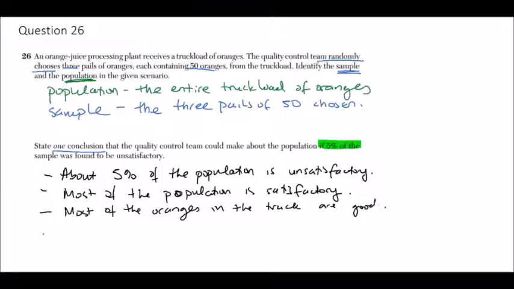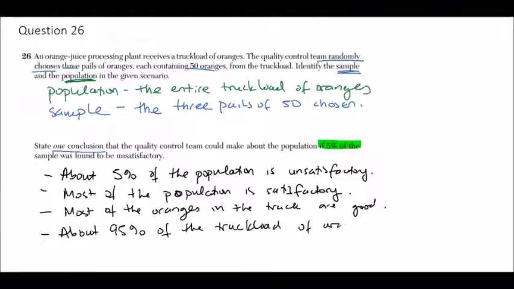We could also say that about 95% is good. So about 95% of the truckload of oranges is satisfactory.